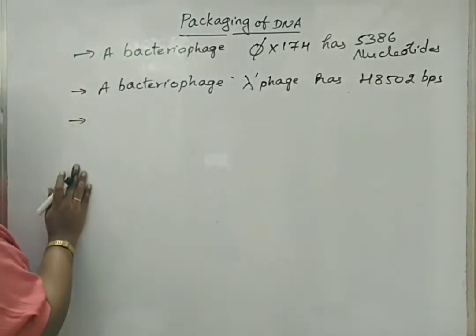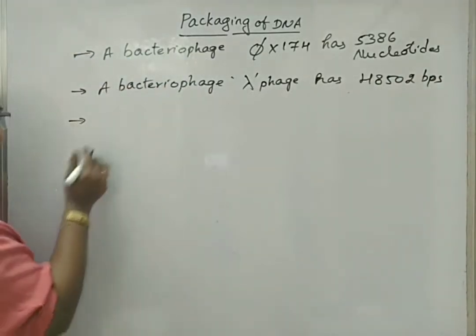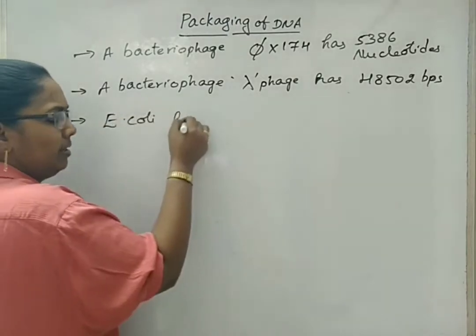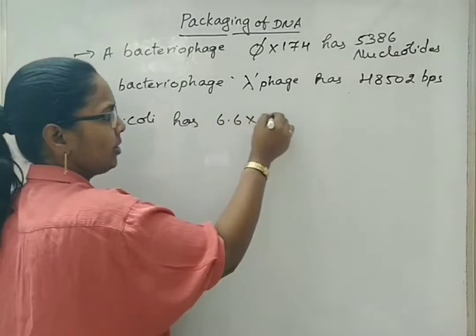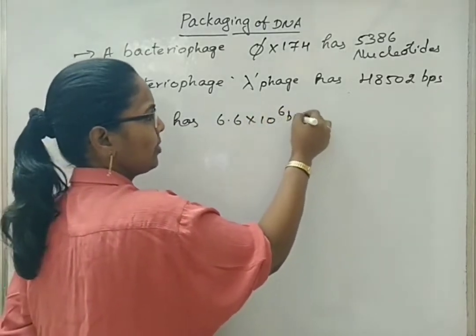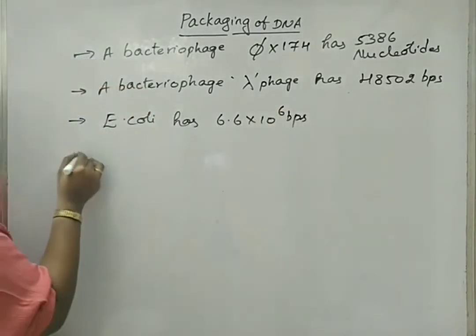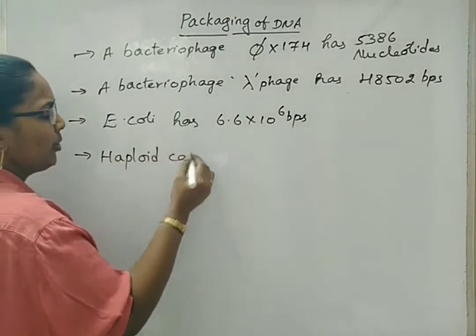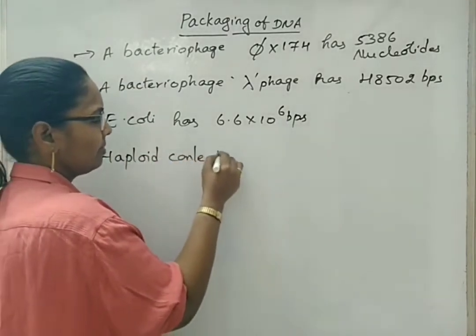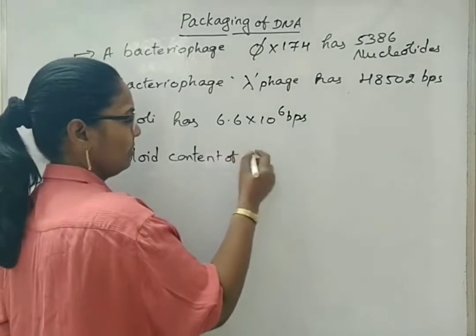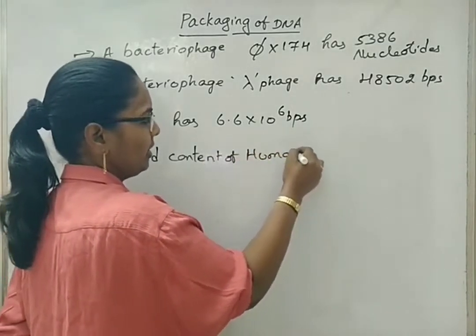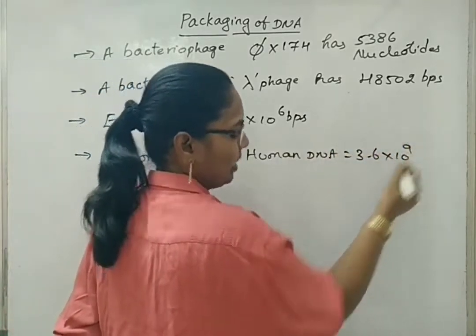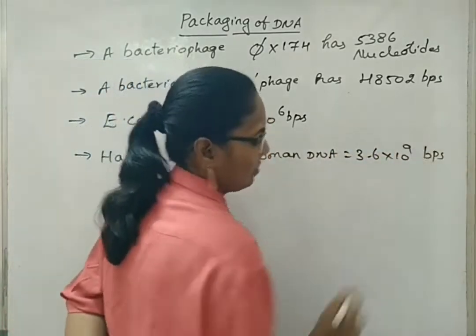Next, how many base pairs are present in E. coli, or Escherichia coli? It has 6.6 into 10 power 6 base pairs. Next, the haploid content of DNA in human cell, or human DNA, is 3.3 into 10 power 9 base pairs.